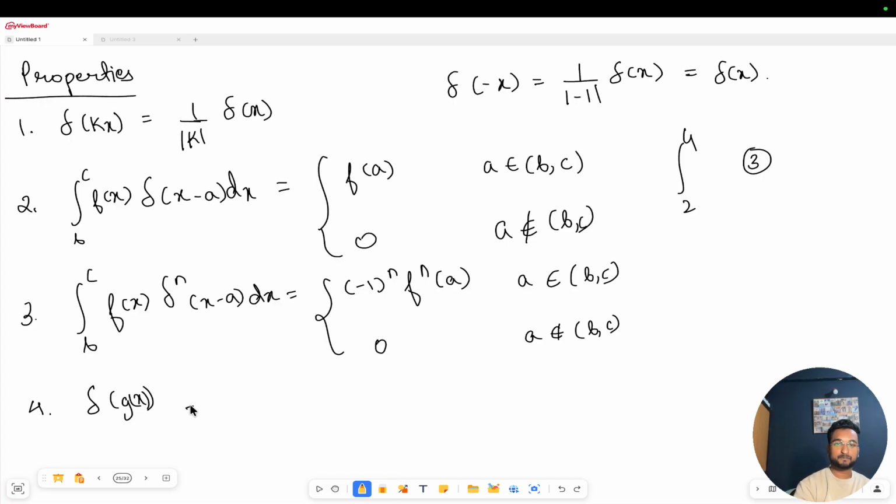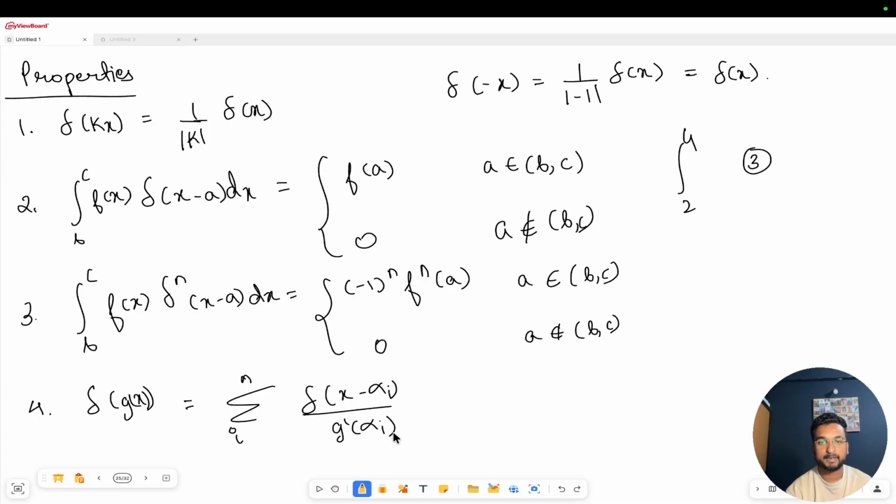Then it will be the summation from i equals 1 to n of the Dirac delta function of x minus alpha i, divided by g dash of alpha i. I will tell you what this alpha i is. The alpha i are the roots of g of x.